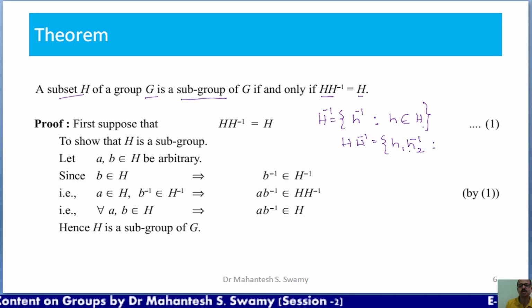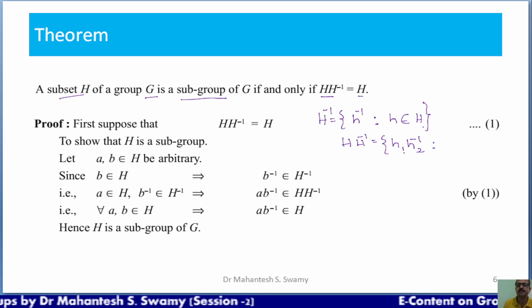You don't consider h1 into h1 inverse, because it is identically e, the identity element. Apart from that, you consider any general element h2 inverse belonging to capital H inverse. So the product H H inverse is the set containing the elements like h1 into h2 inverse, where h1 is an element of capital H and h2 inverse is an element of capital H inverse. So this is the thing here.